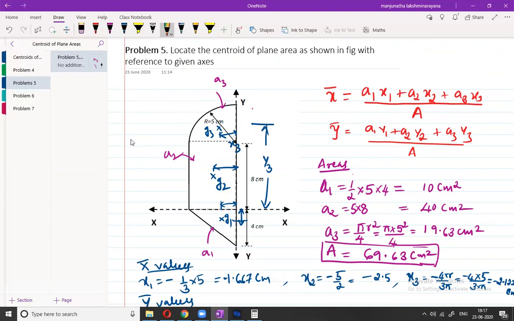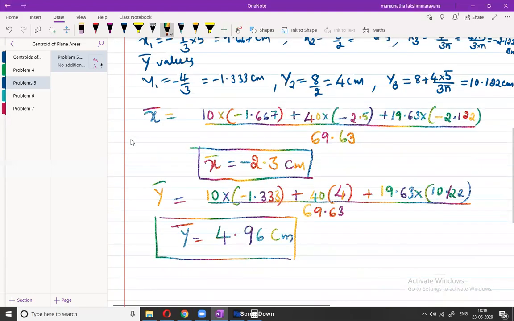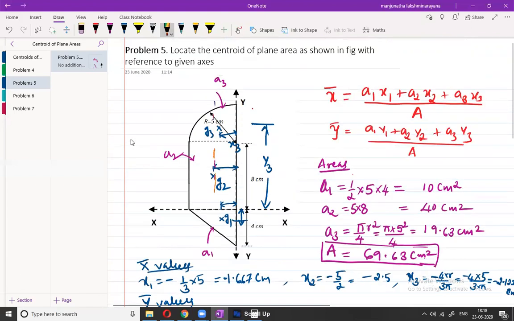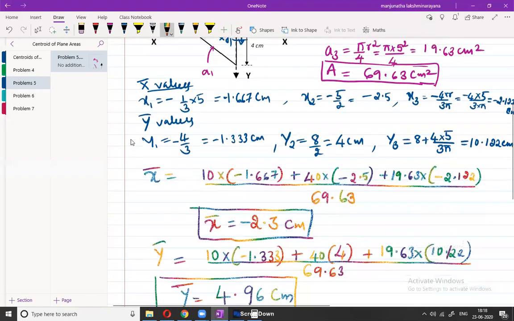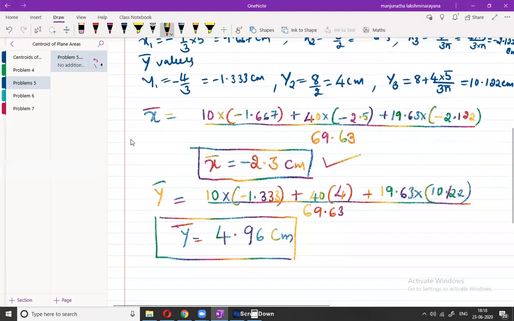If you see this figure, the total area on the right hand side is a little more than the left hand side area, therefore the centroid will lie nearest to the larger area. We know the total length is 5, and 5 by 2 is 2.5, therefore approximately this is correct, since it is less than 2.5.